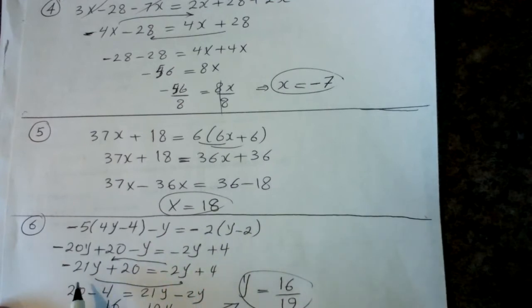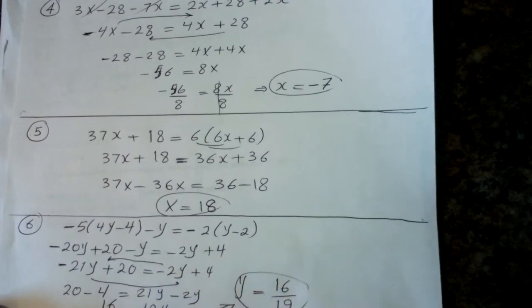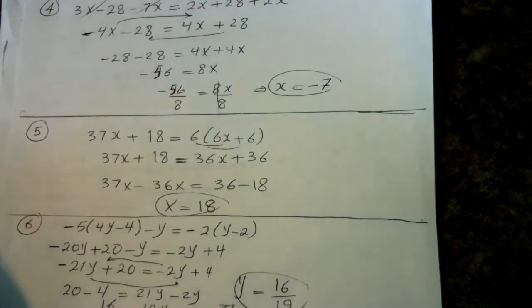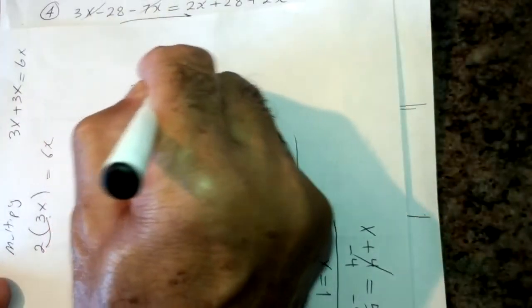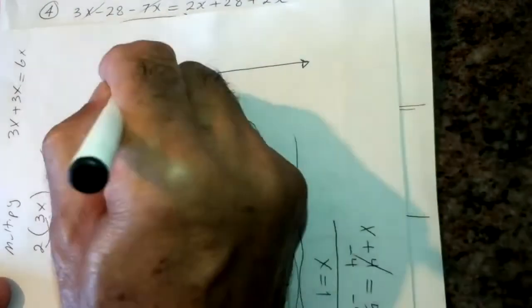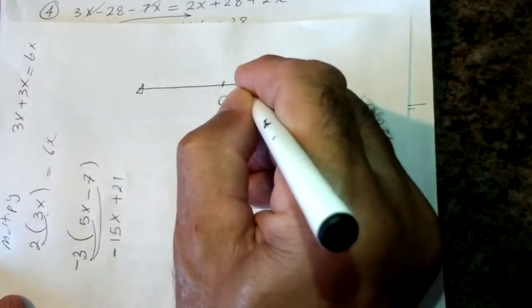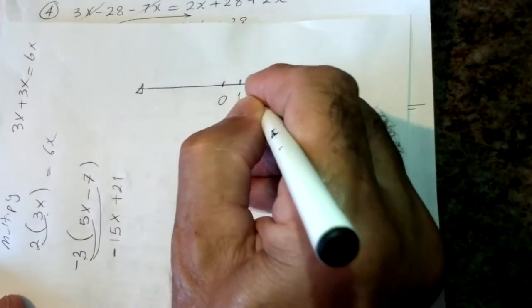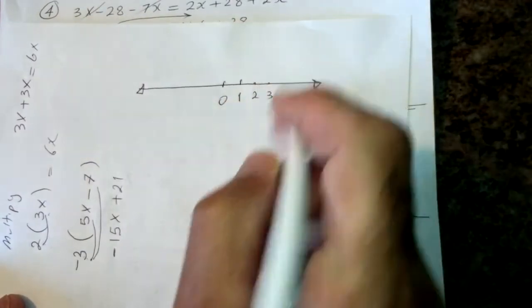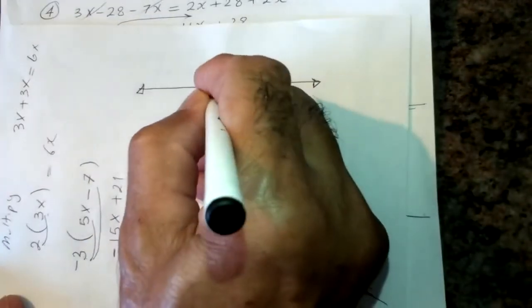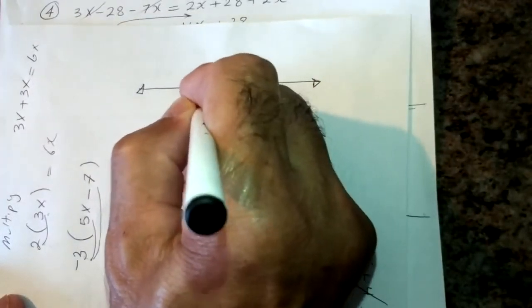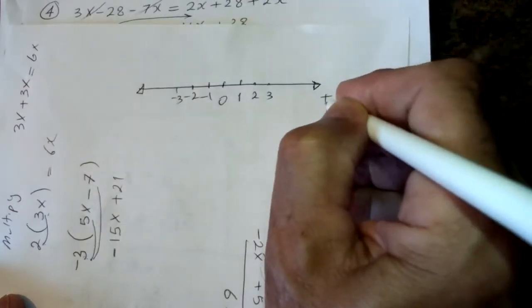And now, which one is larger, minus 21 or minus 2? Because I need to move it to the side that is larger. You know, if you have a straight line, which is a number line, and the middle is 0, numbers increase as you move to the right and decrease as you move to the left, all the way to positive infinity.